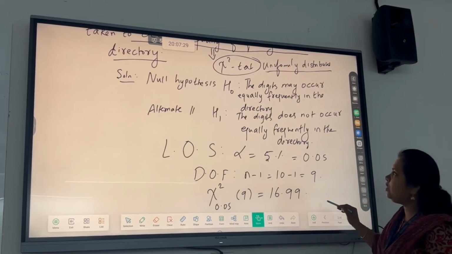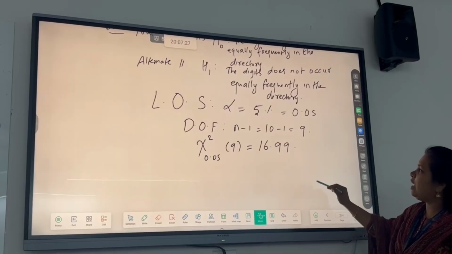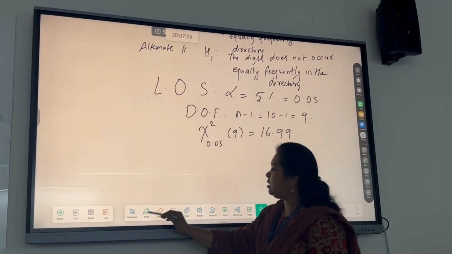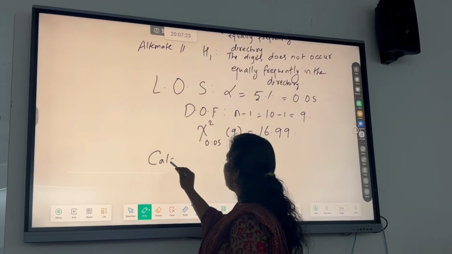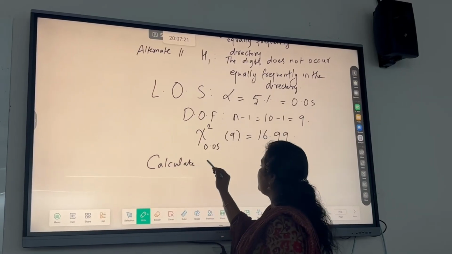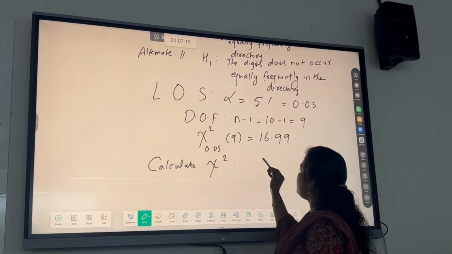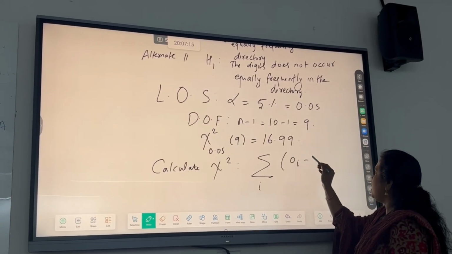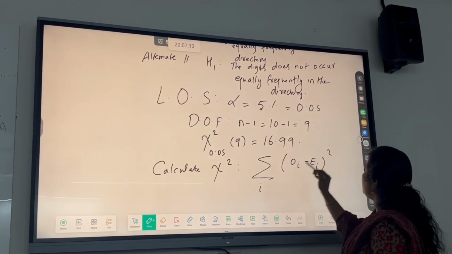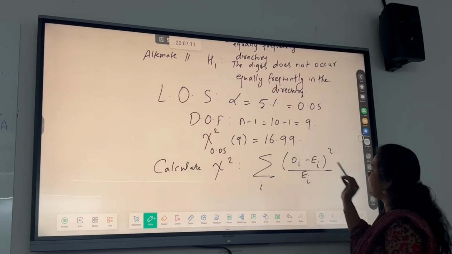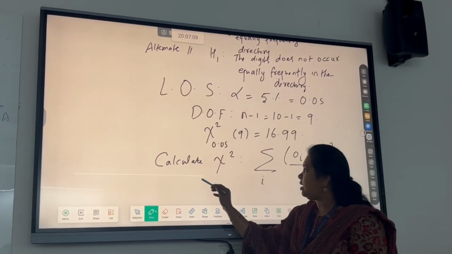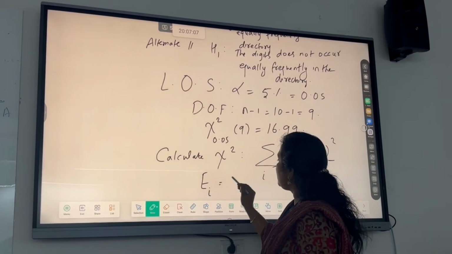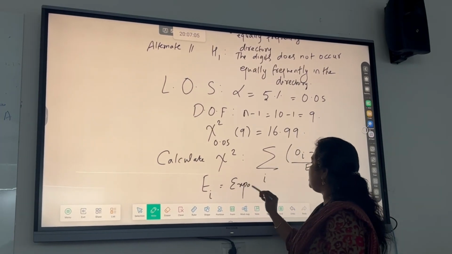Now after knowing this, we have to calculate chi-square. The formula is the summation over I of OI minus EI, the whole square, by EI. What is EI? EI is the expected frequency.